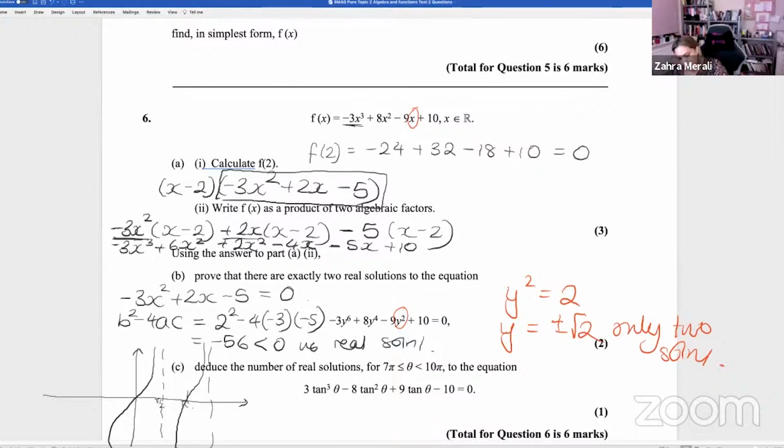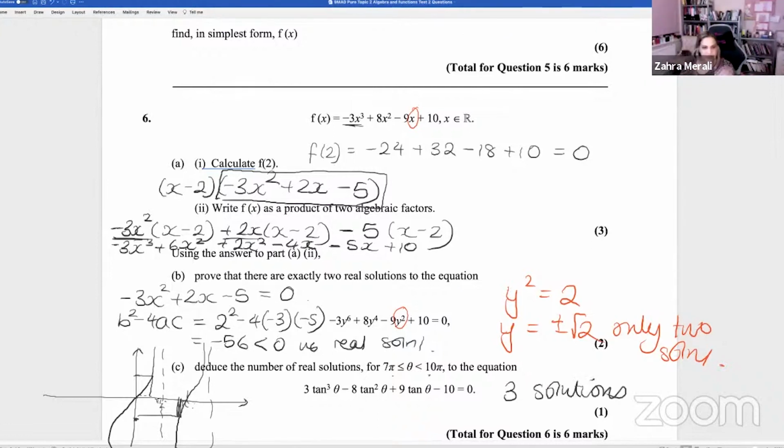So if we think about, we've got plus root 2 up there, for example, and minus root 2 there, between every single pi, you've got 2 solutions. So from 7 pi to 10 pi, so every pi by 2, 7 pi, 8 pi, 9 pi, 10 pi, you're only going to get 1 solution in each section of pi. So they're going to be 3 solutions.